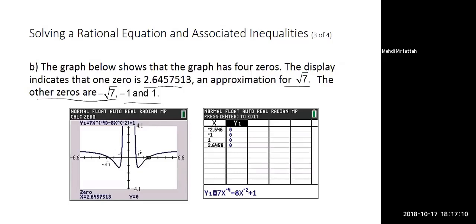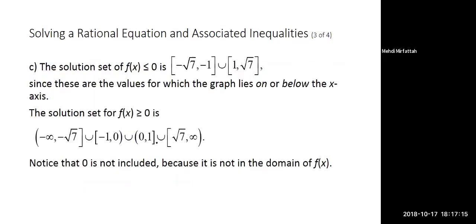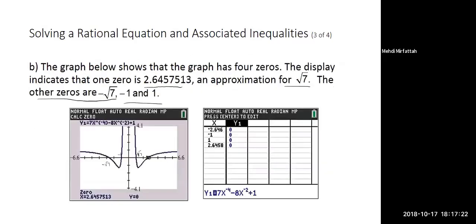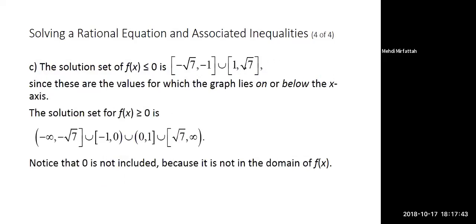From 1 to radical 7, the graph would also be below 0. From 1 to radical 7, and from minus radical 7 to negative 1, the graph would be below 0, right there.